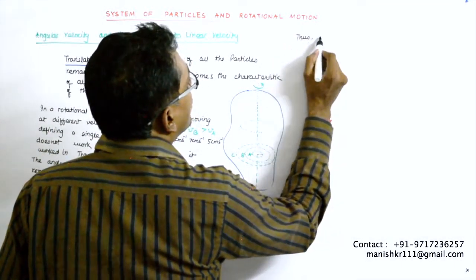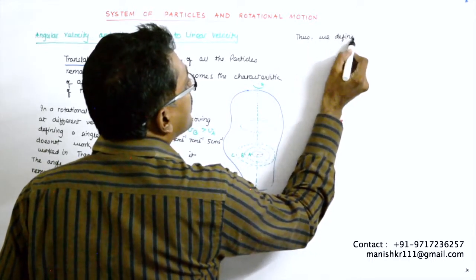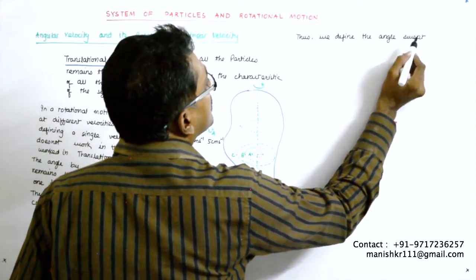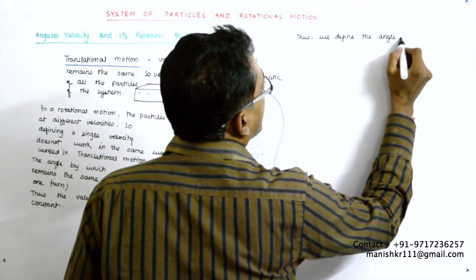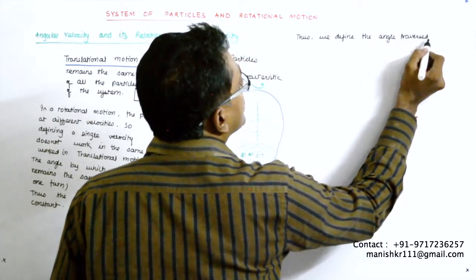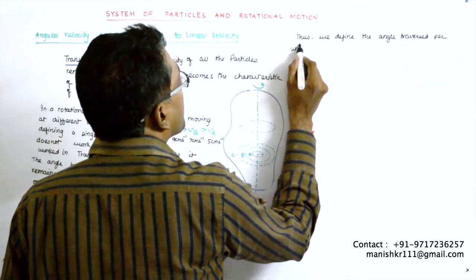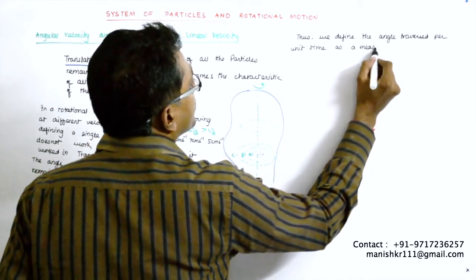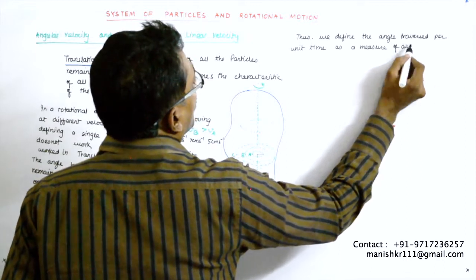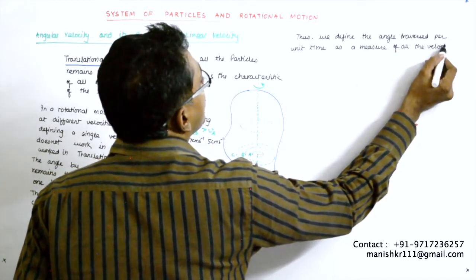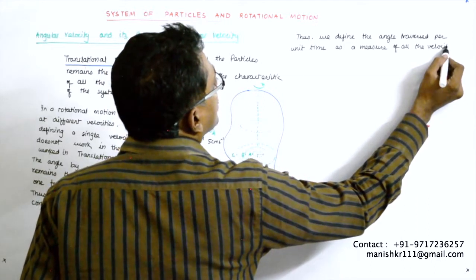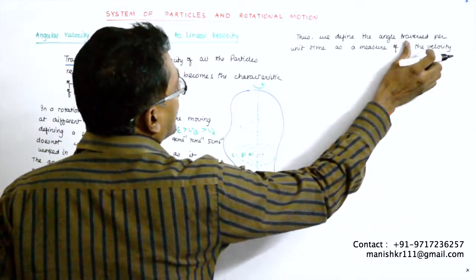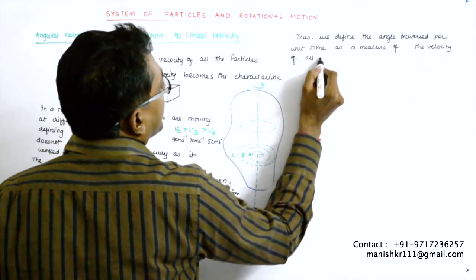Thus, we define the angle swept or the angle traversed per unit time as a measure of the velocity of all the particles, right?